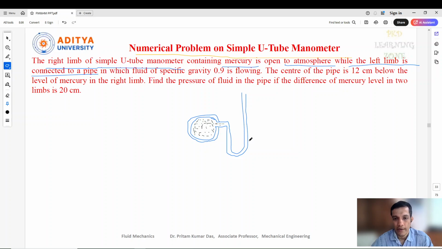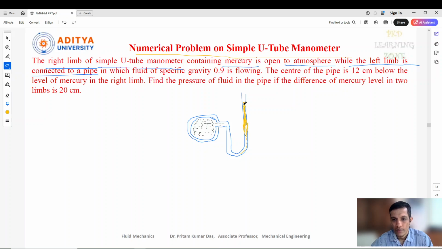And the mercury is open to the atmosphere, so mercury is present here. We'll give this a different color, so let's give this kind of color for the mercury which is open to the atmosphere. Or you can darken it also. There is no problem with this.